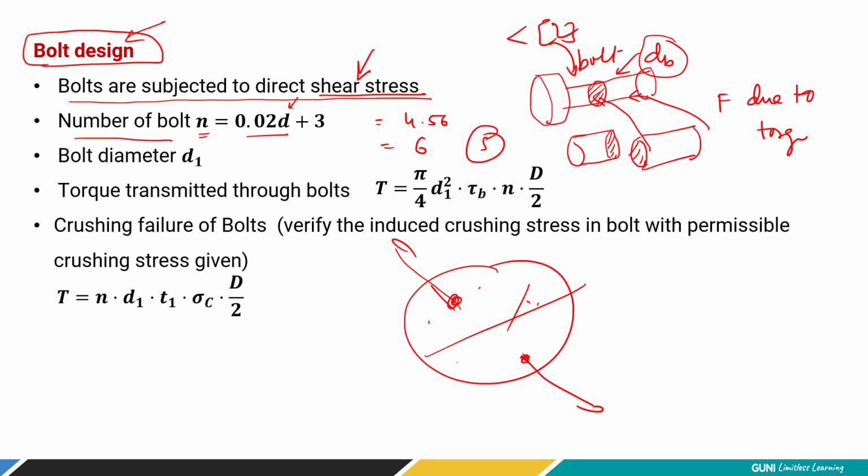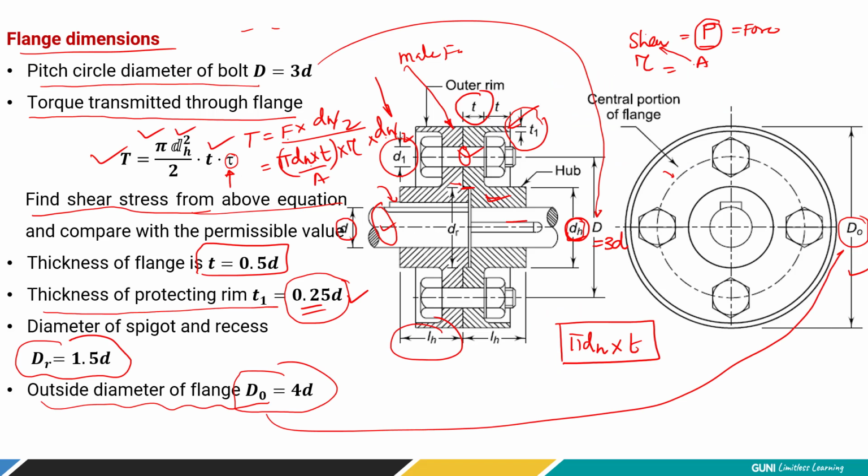If any such load exists, it tries to create a pull away due to centrifugal force, and that results in vibrations. So always take the number of bolts as an even number. If you are getting 3.23, take 4. If you are getting this value, take 6. If you are getting 7 point something, take 8. But do not take an odd value, because it is difficult to arrange them in a circular way.